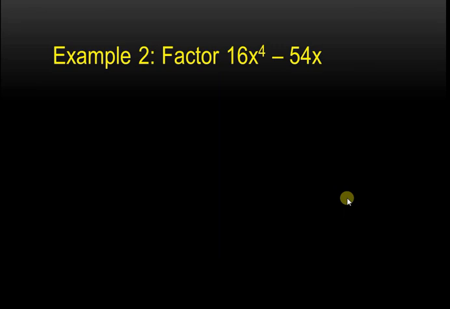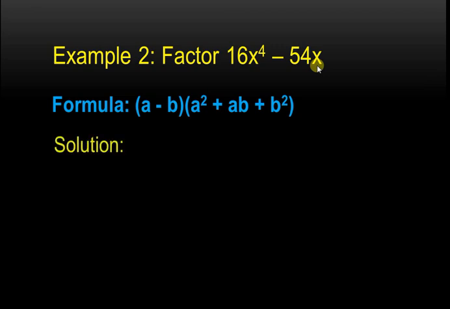Example number 3. Factor 16x to the 4th minus 54x. Now, this time, you will notice that 16x to the 4th is not a perfect cube. 54x is also not a perfect cube, but we could factor them by greatest common monomial factor.